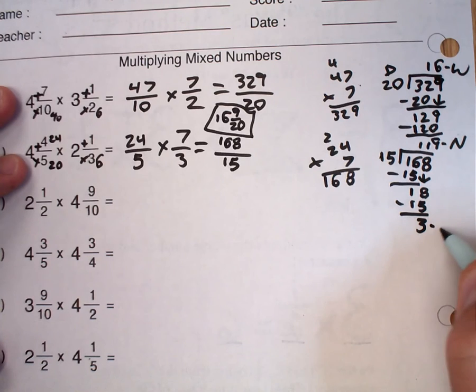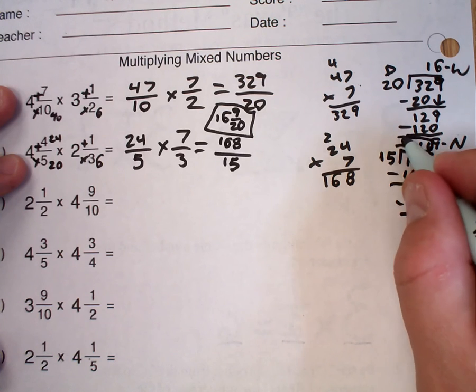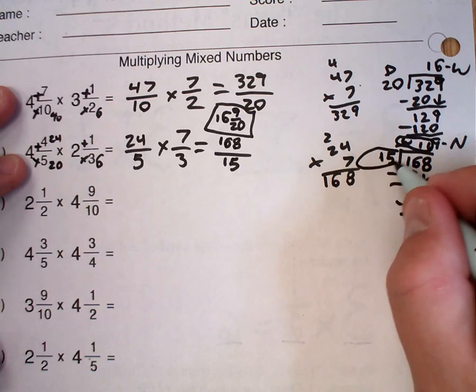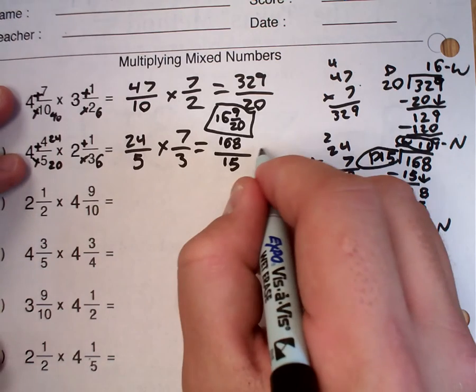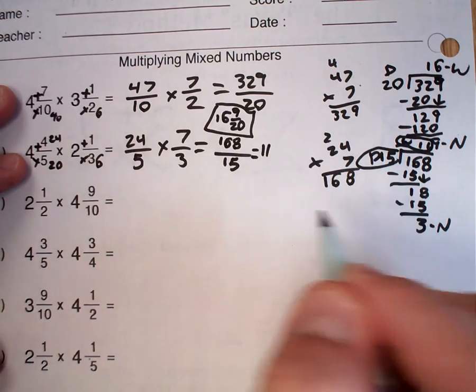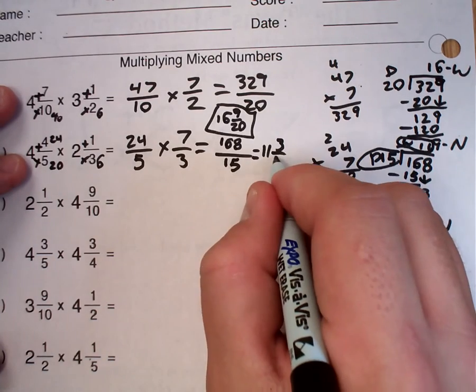Right there, I got my numerator. I have my 11, which is my whole number. And then I got my denominator. So whole number of 11, numerator of 3, denominator of 15.